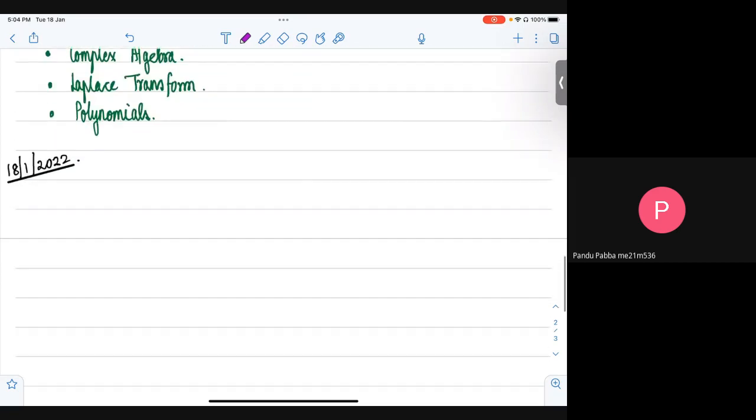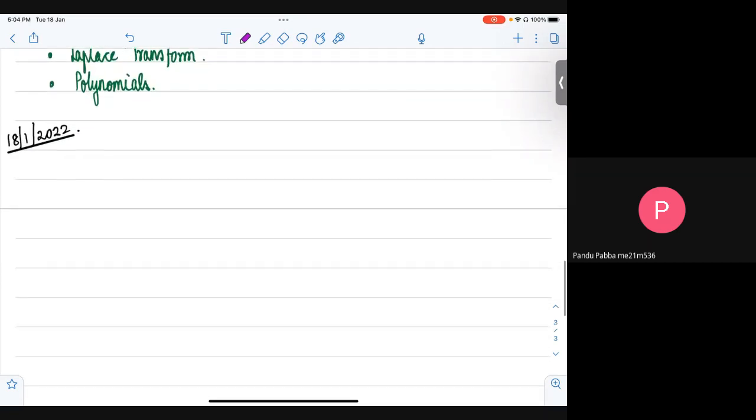So now in today's class, let's start off with our further discussion on dynamic systems. As we have already seen, we essentially take a system as an entity S, to which we provide this input U, and we get this output Y, right?